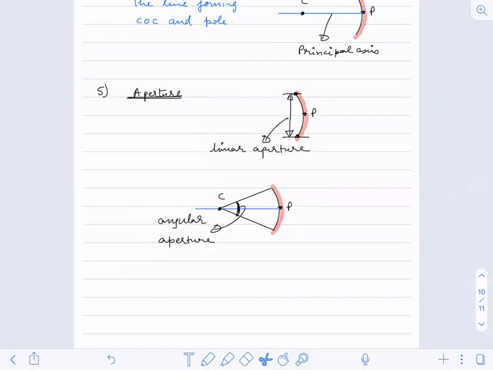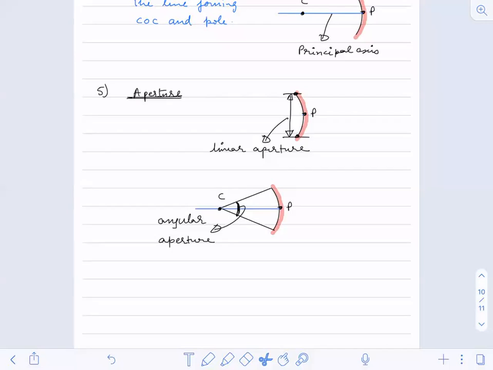Sir, how do we know the center of curvature of a parabola? See, a parabola is actually a combination of circles with different radii. So for a complete parabola, you will not have a particular center.